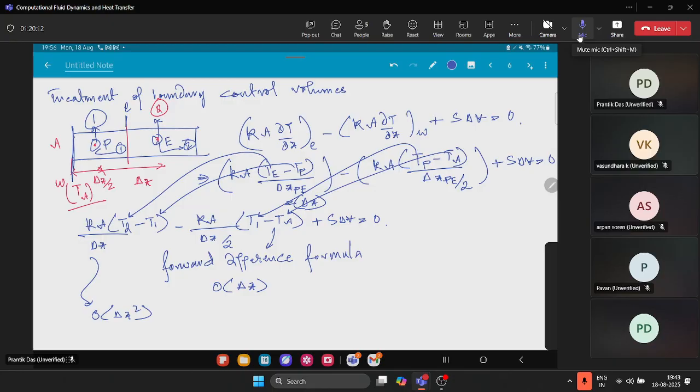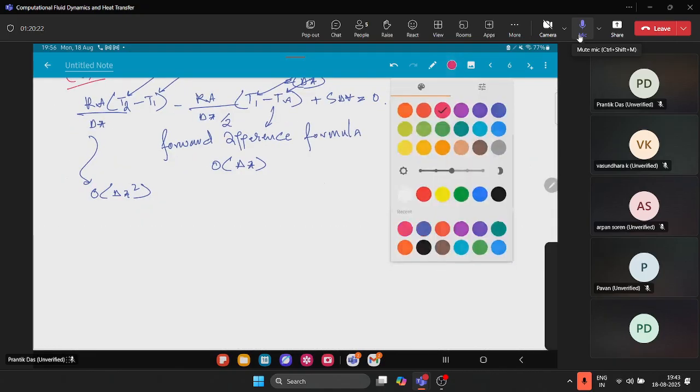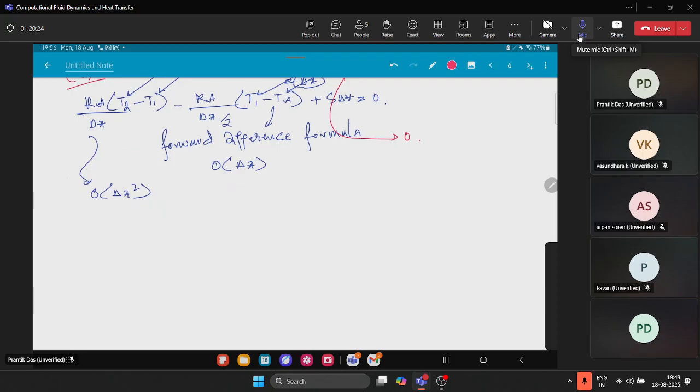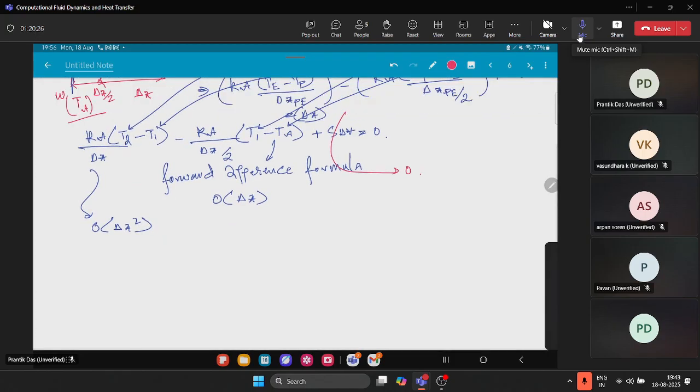Initially I showed you for the interior cells how to write the equation. For example, let us ignore the source term here. I'm further simplifying it by taking off the source term, so there is no source term. Now this becomes kA (T2 minus T1) divided by delta x, minus kA (T1 minus Ta) divided by delta x by 2.